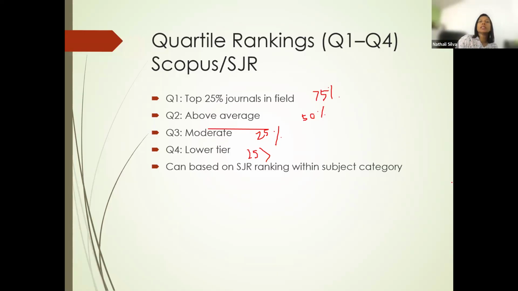Still, although it's in Q4, if it is indexed in Scopus, that is a good indication that the journal is okay and that is acceptable to be a destination for the publication.